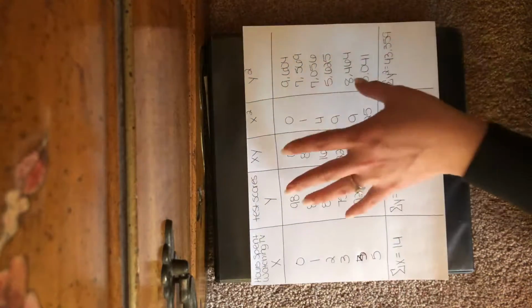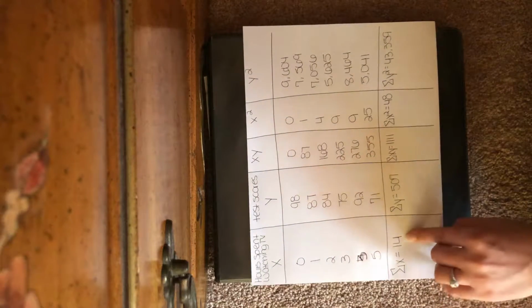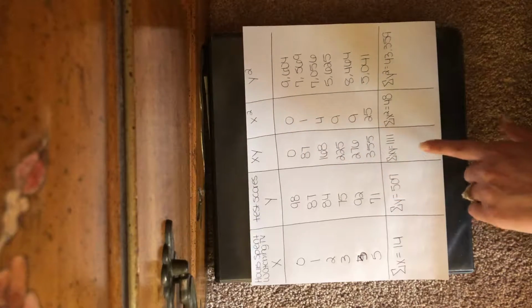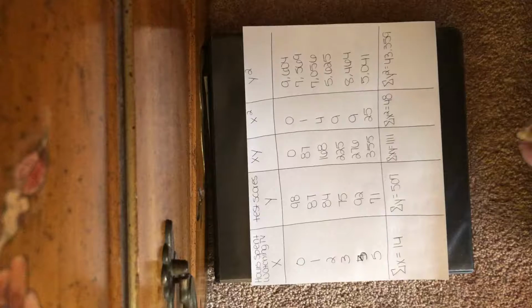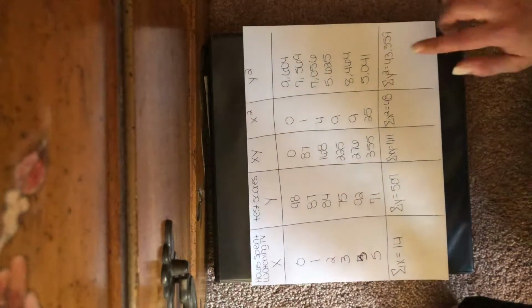I drew it out as follows, and I got the sum of x is 14, the sum of y is 507, the sum of xy is 1111, the sum of x squared is equal to 48, and the sum of y squared is equal to 43,359. Like I said before, there are 6 pairs in our data.